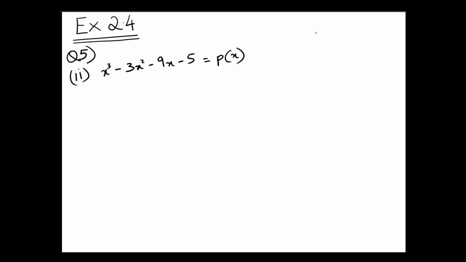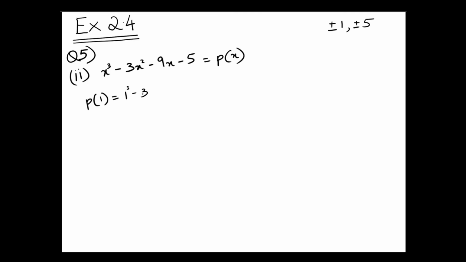Now the last term here again, which is minus 5, all possible factors of minus 5 are plus minus 1 and plus minus 5. And so what we can do is check for each one of them. So in case plus 1 could be a factor, I will check for p of plus 1.